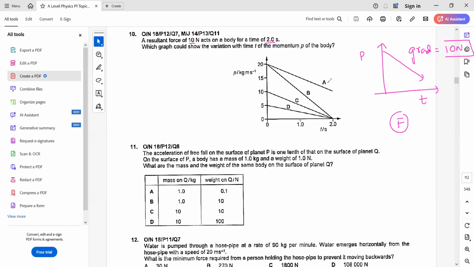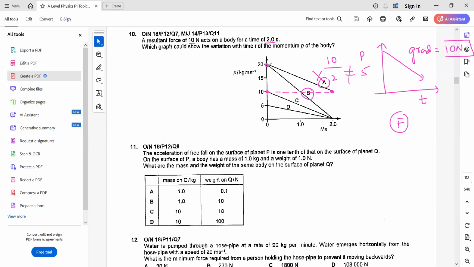So let's see. If I select A, the change in momentum would be 10 divided by the change in x-axis, that's 2. So this is not 10, that's 5. So A is incorrect.